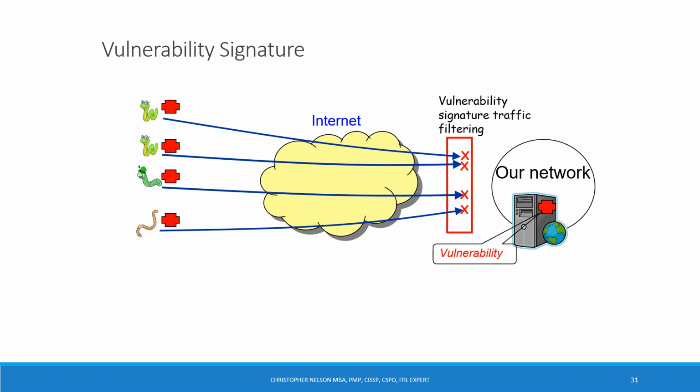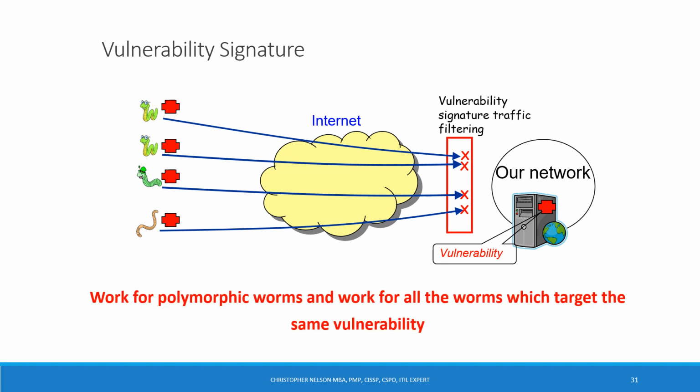In some cases, you may choose to block even more using the vulnerability signature for traffic filtering. The vulnerability signature is able to identify which worms have a specific signature attached to it. This would work for polymorphic worms and for all the worms which target the same vulnerability.